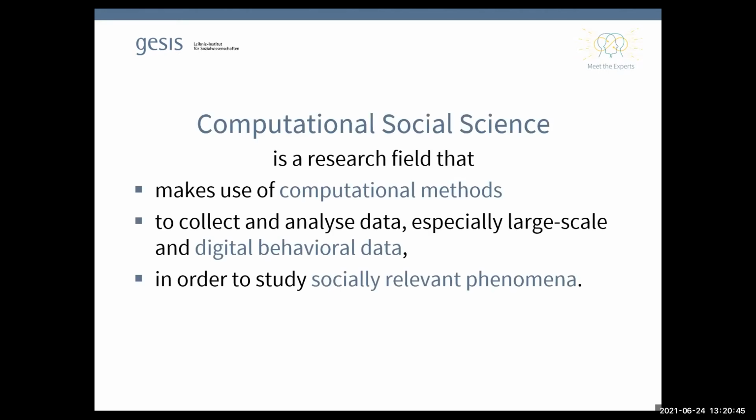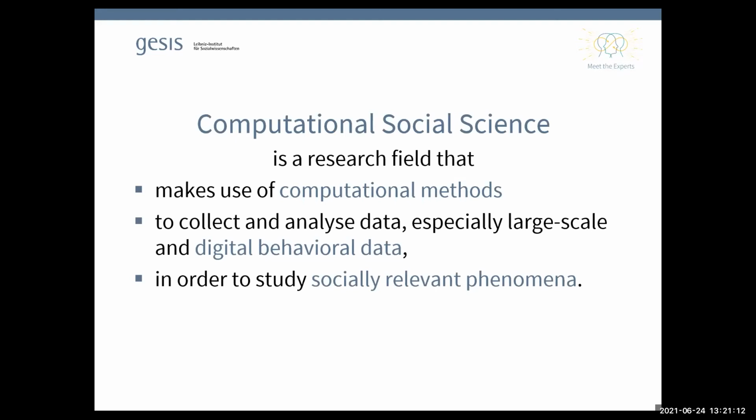Computational social science is a research field that makes use of a different set of computational models, therefore the computational in the name, to collect and to analyze data, especially large-scale data and the type of digital behavioral data that I've shown you in the examples, in order to study socially relevant phenomena.